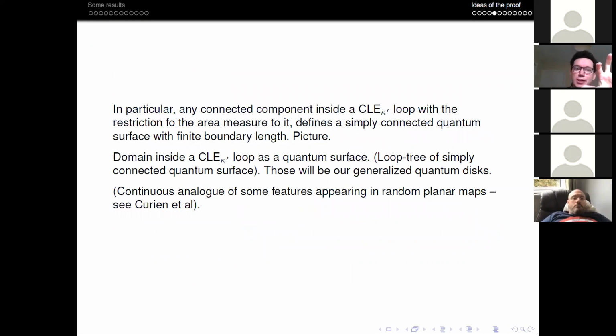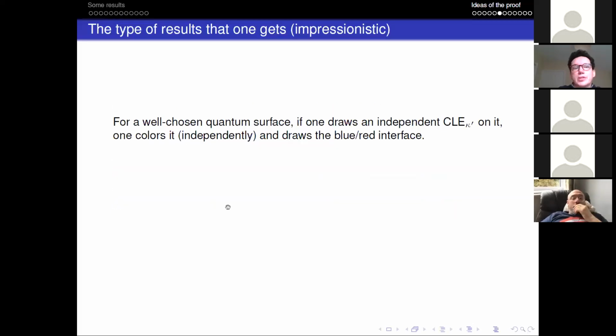You just discover the inside, what is inside, used as a quantum surface, as an equivalence class. If this is the information you collect, then you have a really nice, stationary Poisson point process discovery feature. This is the continuous analog of some features that appear in the discrete case or in random planar maps, which is exactly the magic and the nice features of this peeling algorithm.